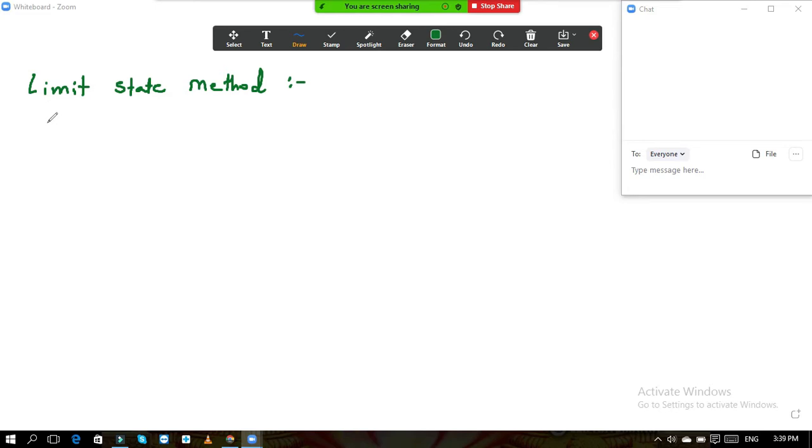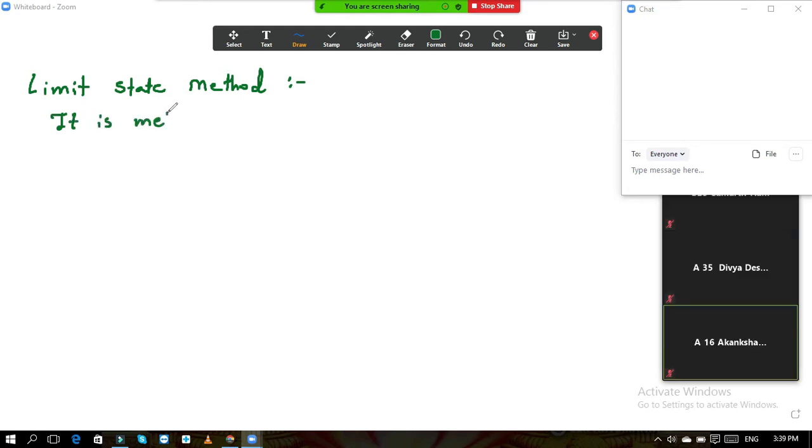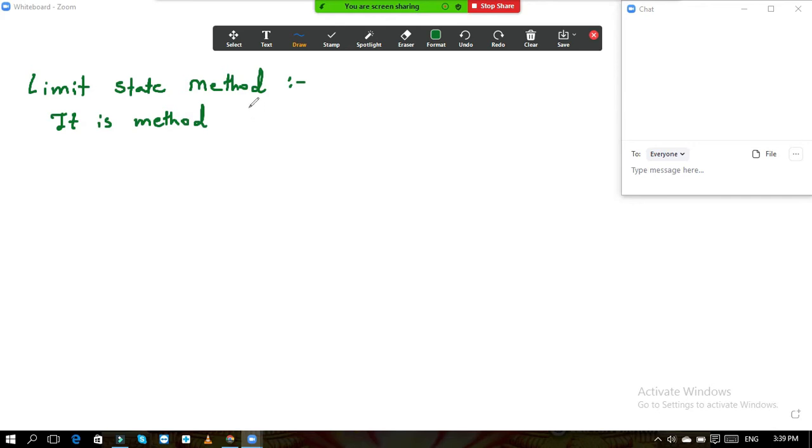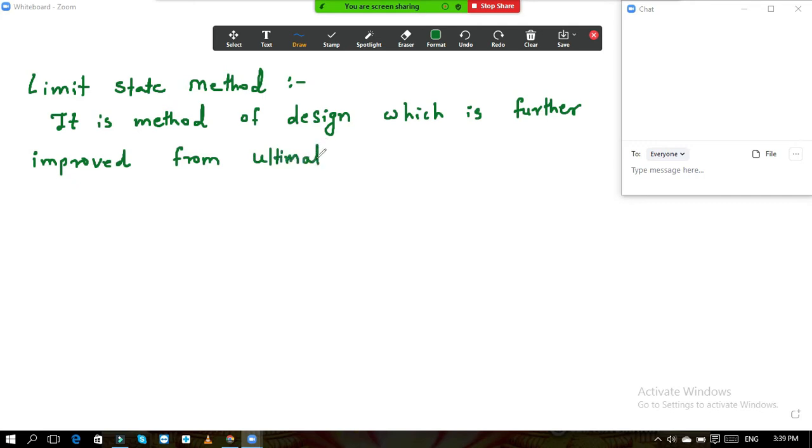So now for the limit state method, I can write: it is a method of design which is further improved from ultimate load design.